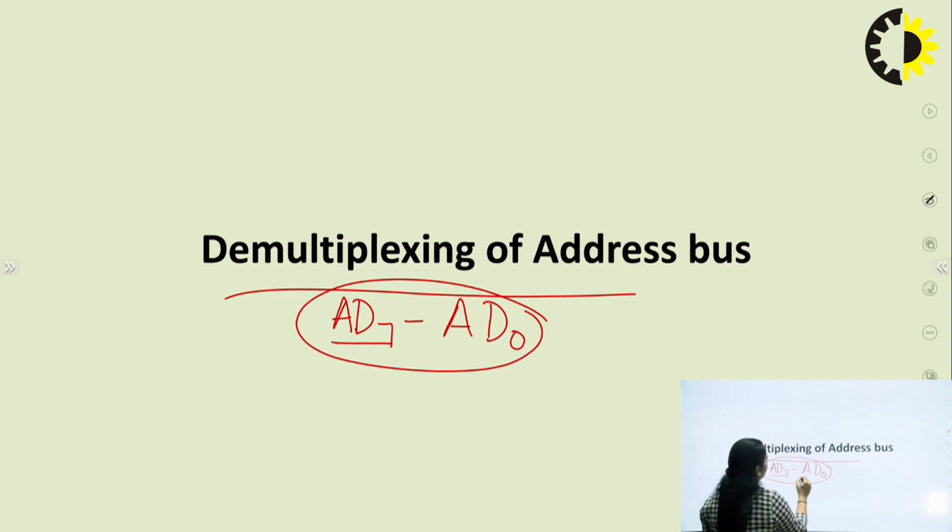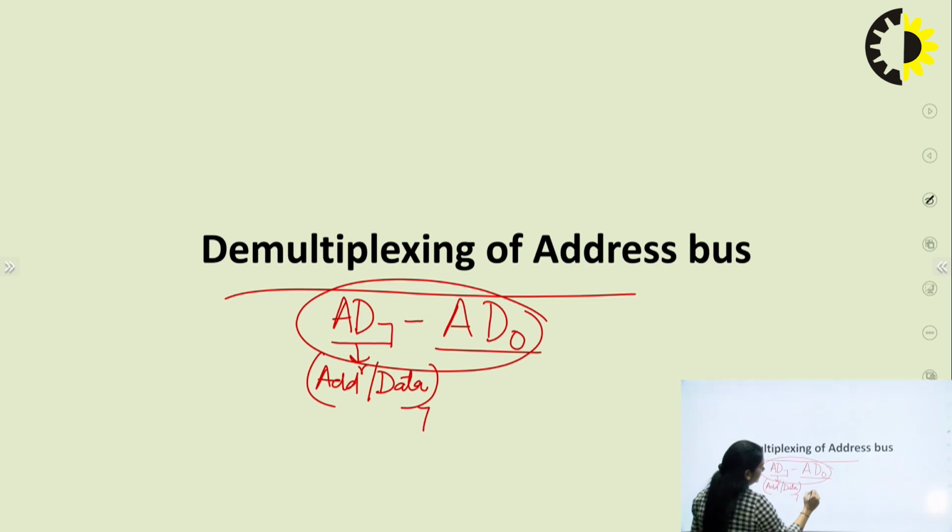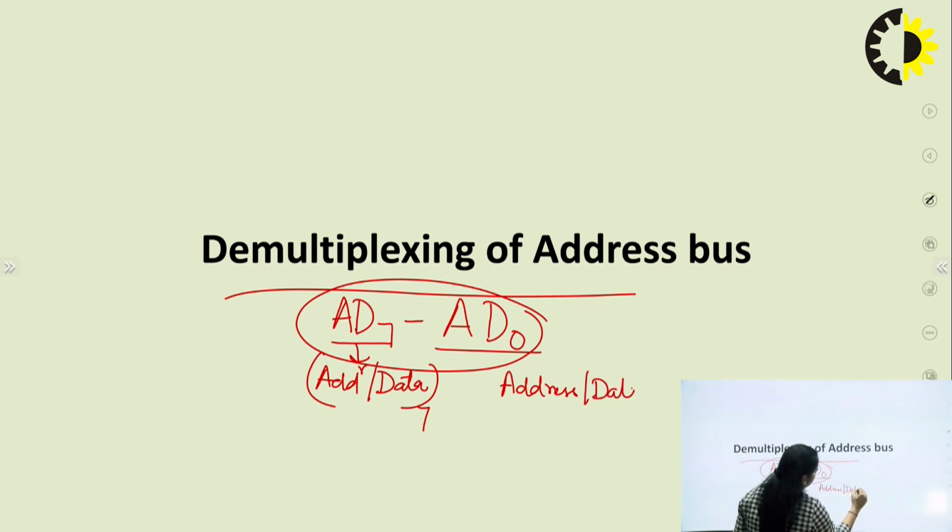Demultiplexing is AD7 to AD0. AD is address and data, bit number 7 to bit number 0. These are time shared.